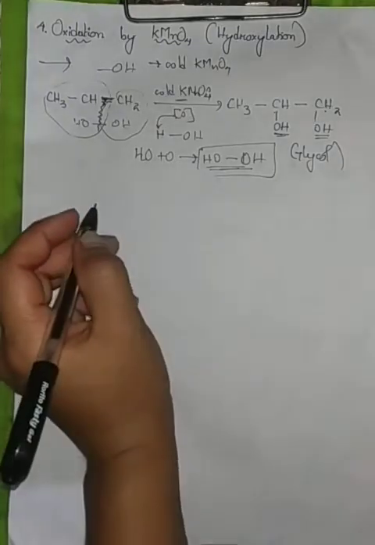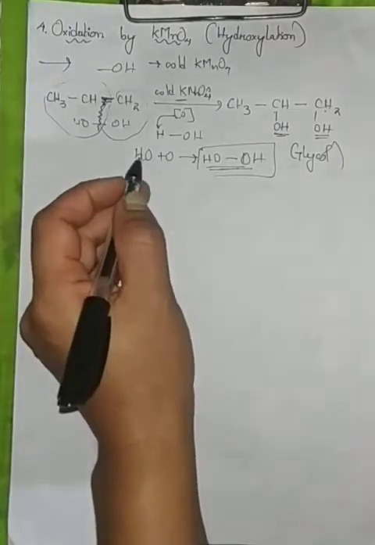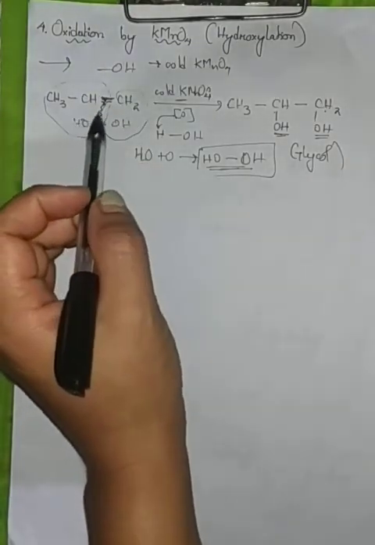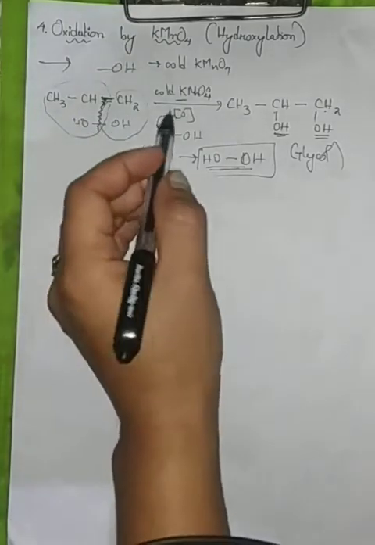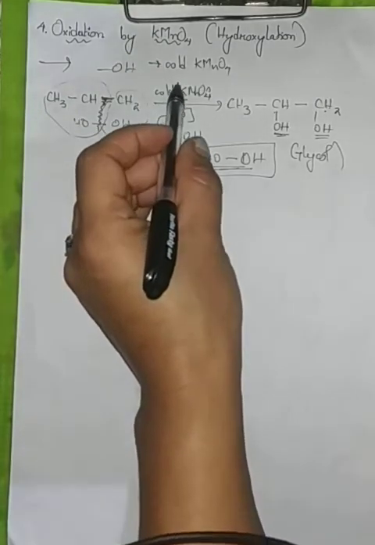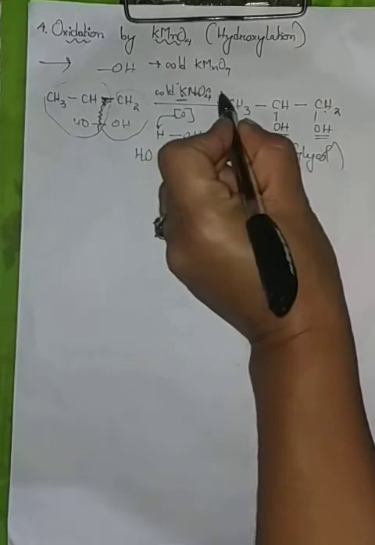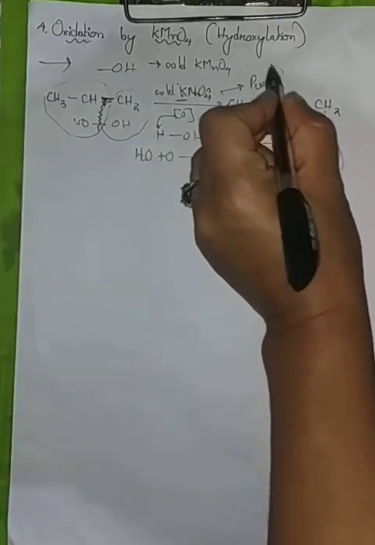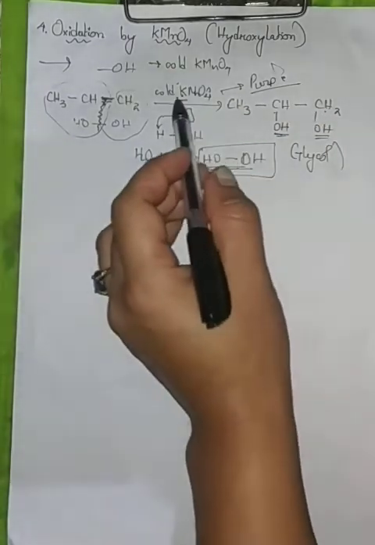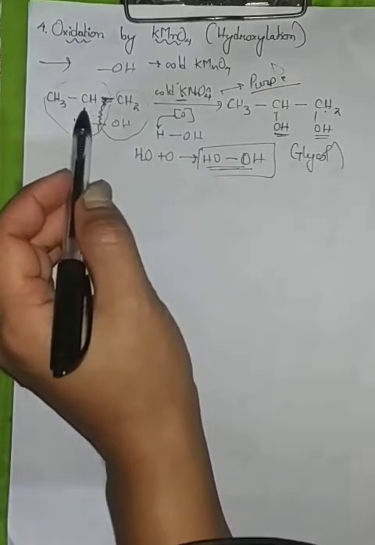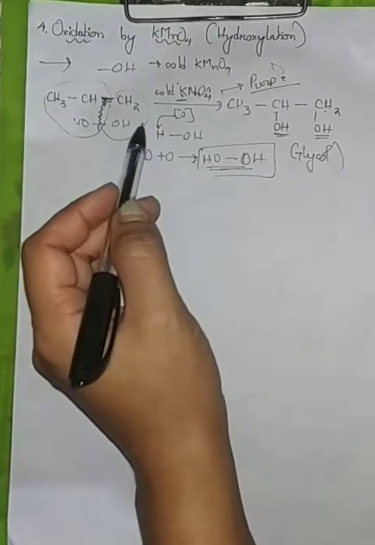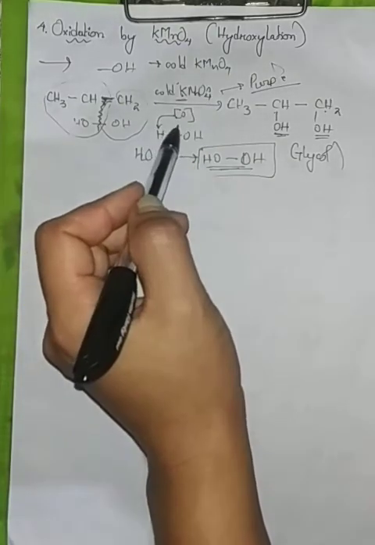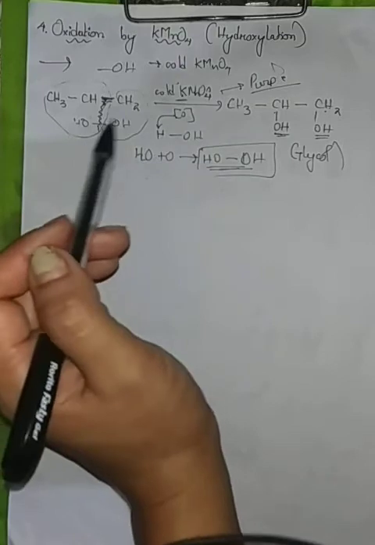Now this is the reaction of alkenes with KMnO4. Here, when KMnO4 reacts with alkenes, the color of KMnO4, which is purple, disappears, which indicates that KMnO4, providing nascent oxygen, is used up in this chemical reaction.